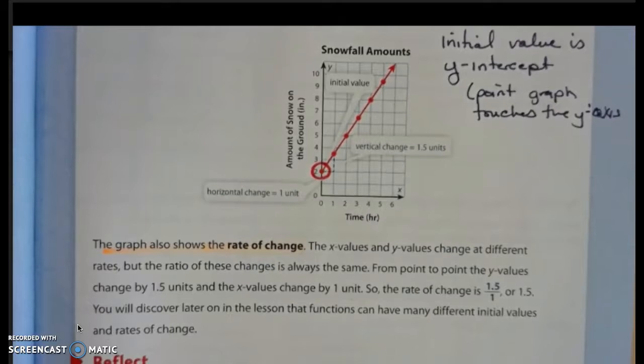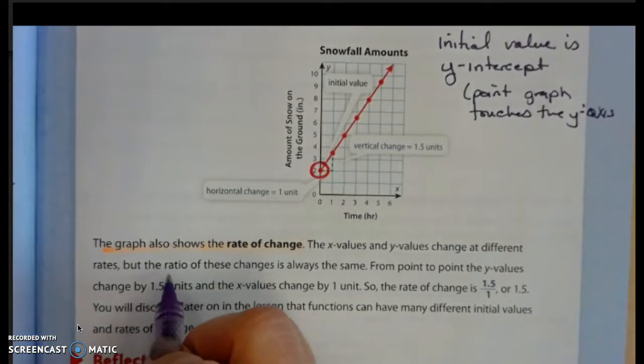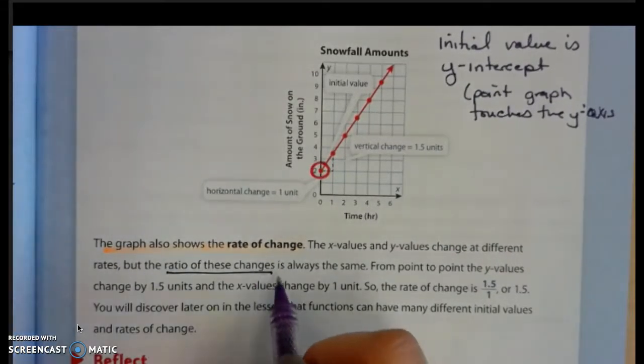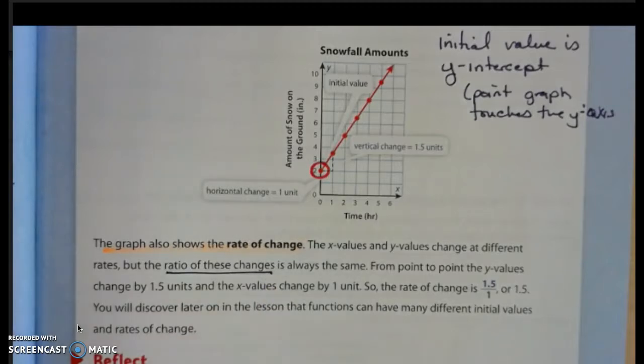The x and y values change at different rates, but the ratio of these changes is always the same. Your rate of change is the ratio of the change. From point to point, the y values change by 1.5 units and the x values change by 1 unit. So the rate of change is 1.5 over 1, or 1.5.